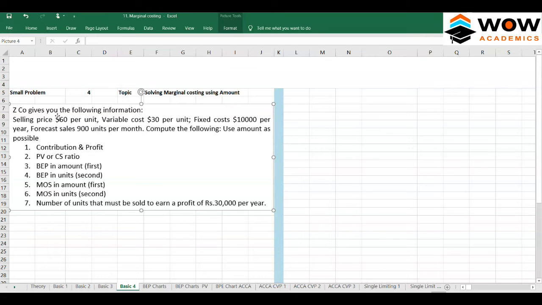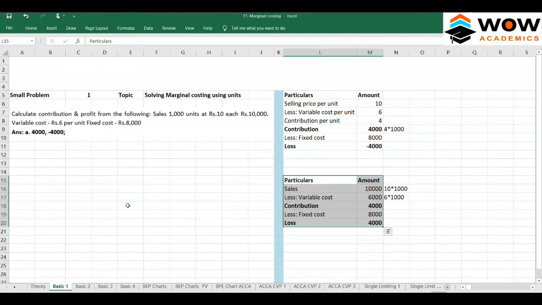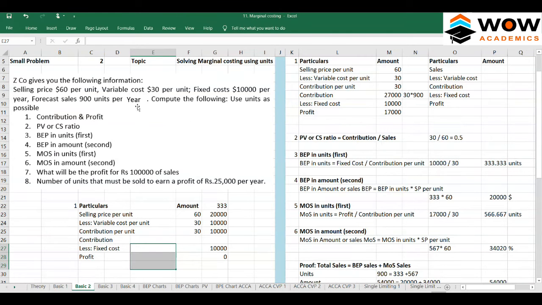ZCO gives you the following information. Selling price is 60 per unit, variable cost is 30 per unit, fixed costs are 10,000 per year. Forecasted sales are 900 units per month. It's not per month, we will amend it to per year.